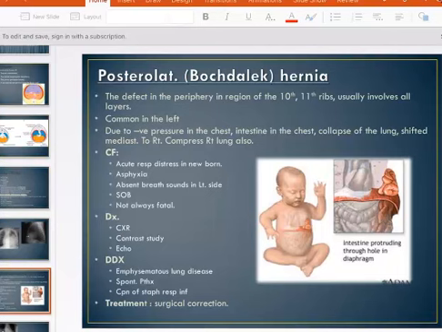By this process, it will lead to shifting of the mediastinum to the right side and compression of the lung on the right side. And also maybe it leads to abnormality of development of the left side lung, either hypoplasia or agenesis or lobar agenesis.